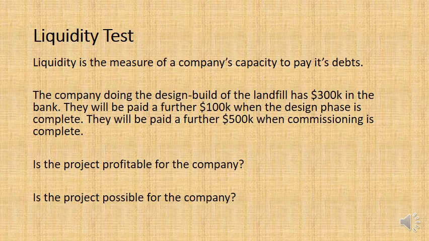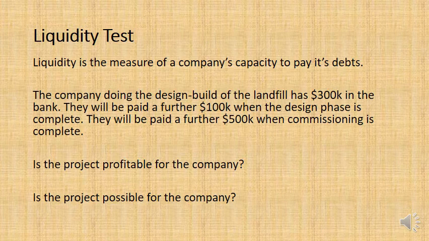So this is the extra information that we have. We are a company and we're doing this unlined landfill as a design build contract. As a company, as a project team, we have $300,000 in the bank. That's what we have in capital. When the design phase of the project is completed, the client is going to pay us $100,000.